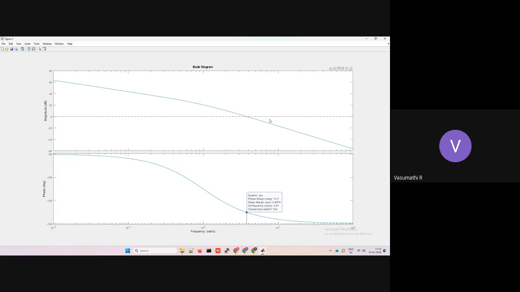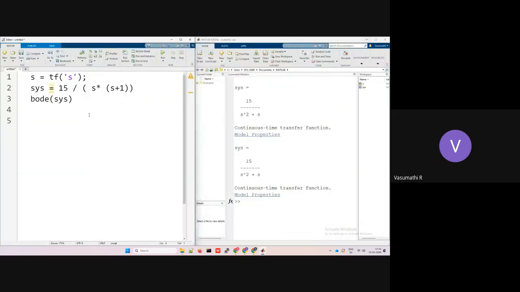So when you submit your Bode in your assignment, for the next design assignment, now we use only root locus, no? So you have to show all the stability margins. You have to show me what is the gain margin and phase margin. I think I can do this with margin also. Let me try it once. Margin of system.